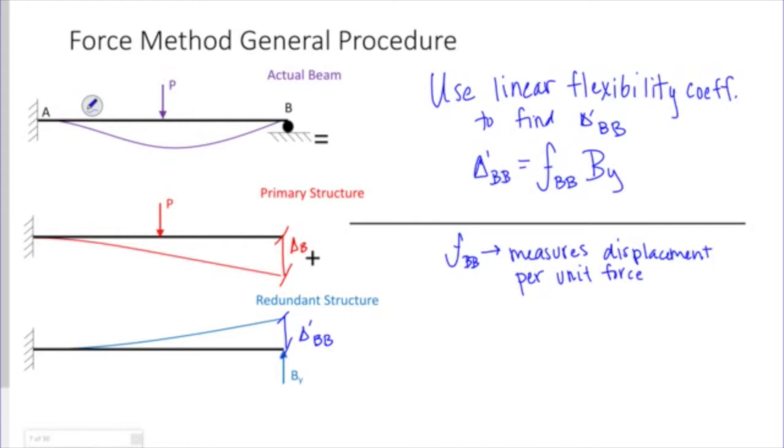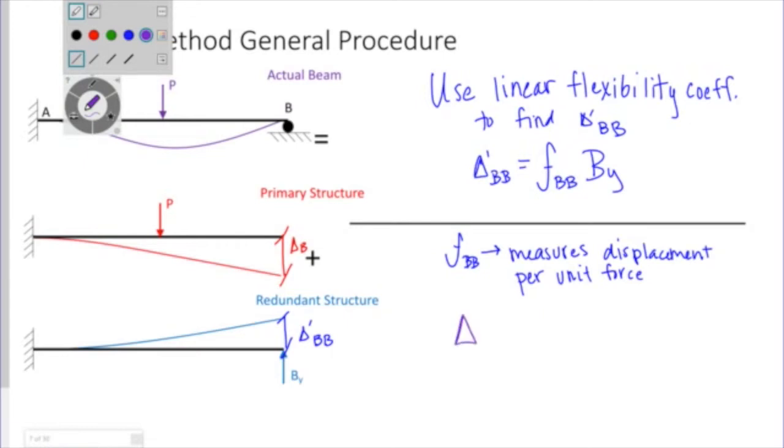And basically I'm going to use that then go back to my compatibility equation and put that in instead. I have my displacement at B in my primary structure, plus now instead of putting delta prime BB, I'm going to put FBB times BY, and that's got to be equal to 0 for my compatibility.